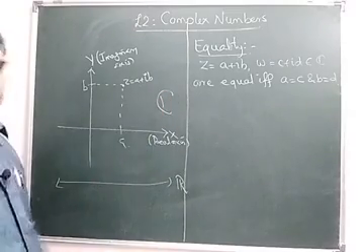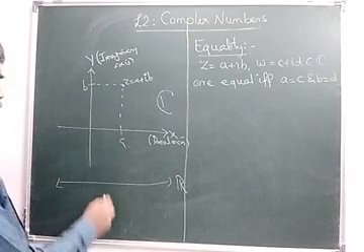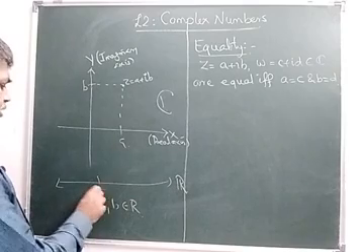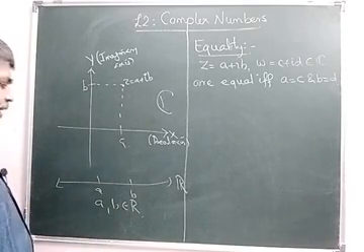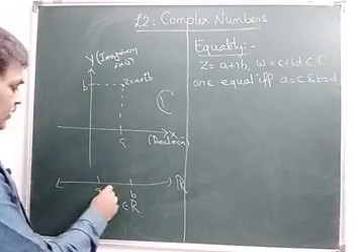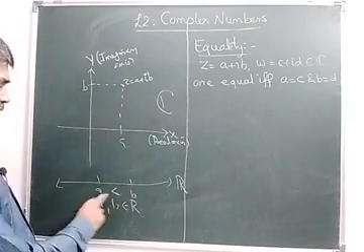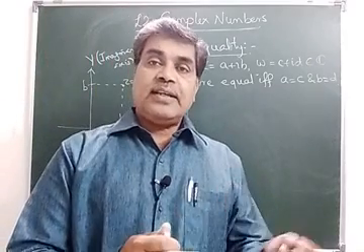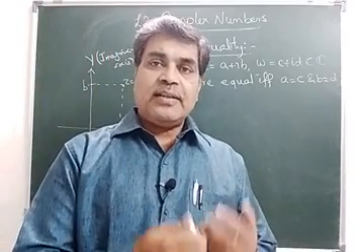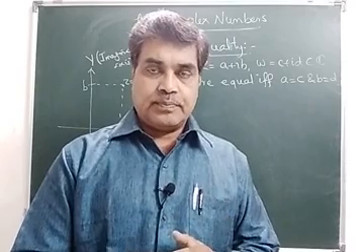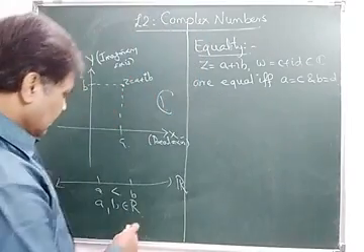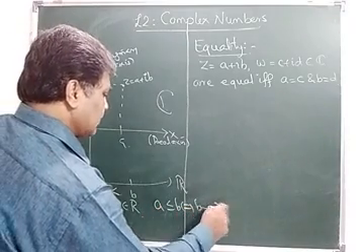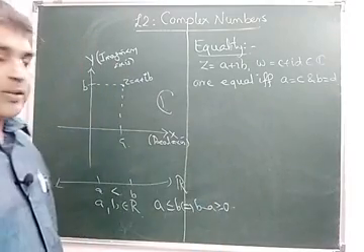If I take two real numbers A and B belonging to R, and A is on the left-hand side and B is on the right-hand side of the real line, then A is less than B. So for two real numbers A and B, we say that A is less than or equal to B if A lies on the left side of B. Equivalently, A is less than or equal to B if and only if B minus A is greater than or equal to 0.